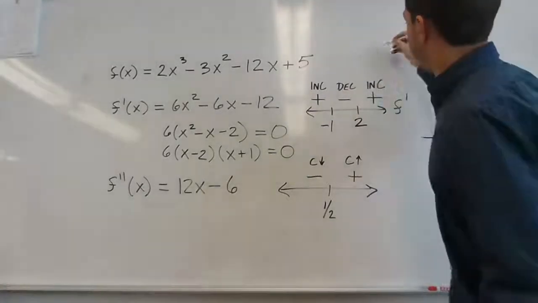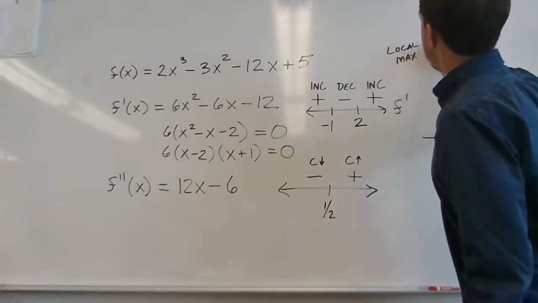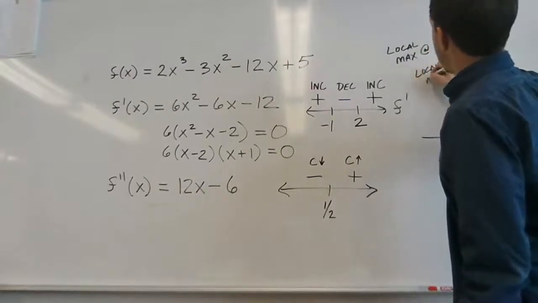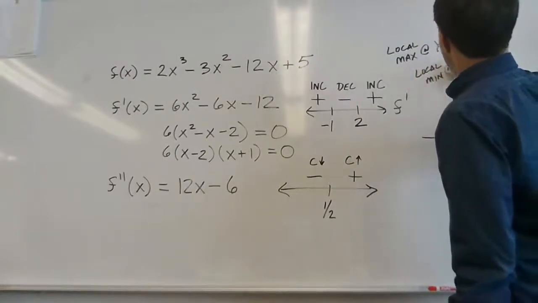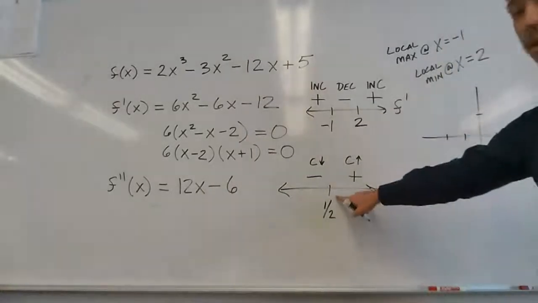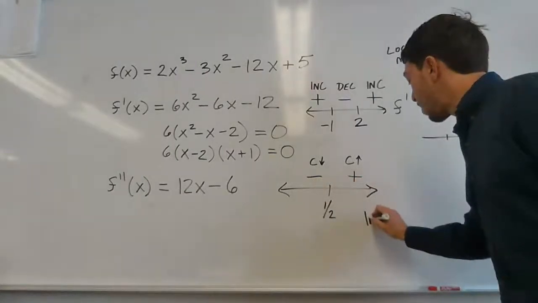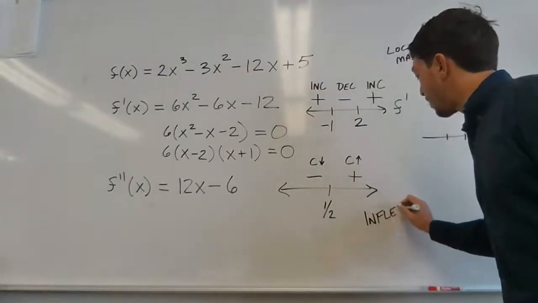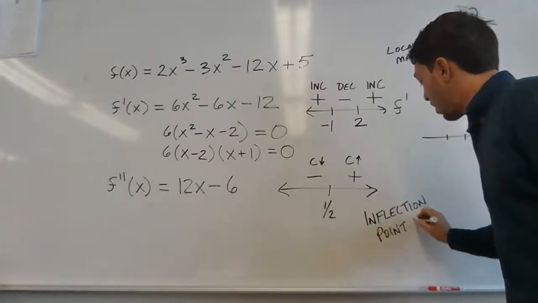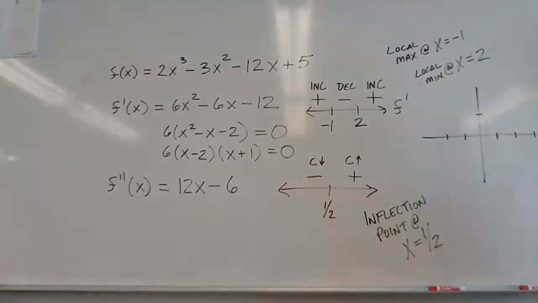So there's going to be a local max when x is -1, and a local min when x is 2. And then what happens at 1/2? What's that called, when it changes concavity? Point of inflection. Very good. So an inflection point, or point of inflection, is going to occur when x is 1/2.